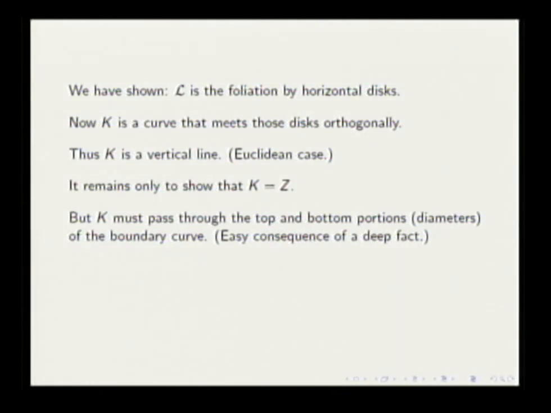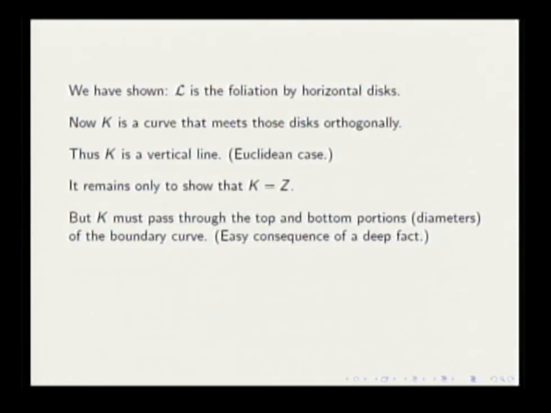It's kind of intuitive that it should go through those points, but to prove that it does, it's an immediate consequence of this hard fact. And the hard fact is the Colding-Minicozzi one-sided curvature estimate. That's a very hard theorem, but it immediately implies this.